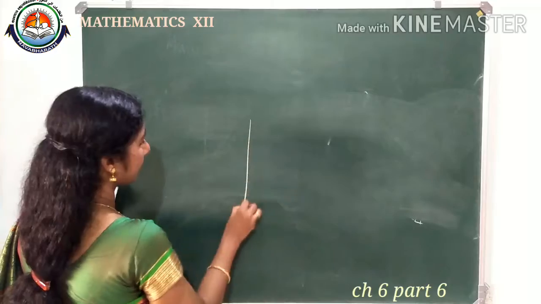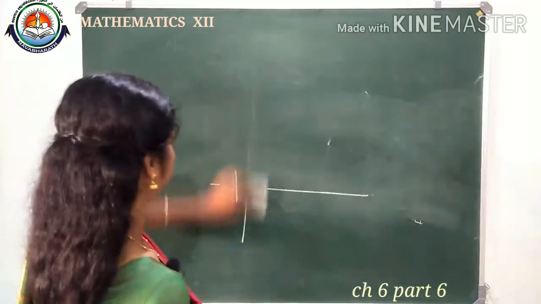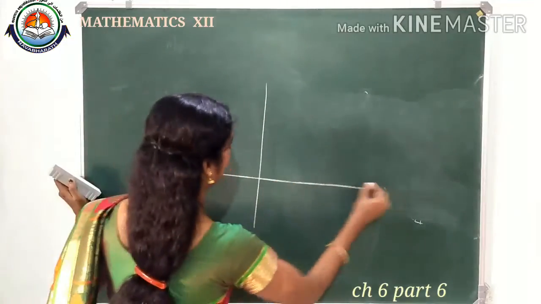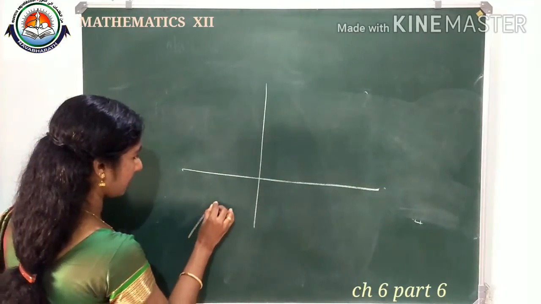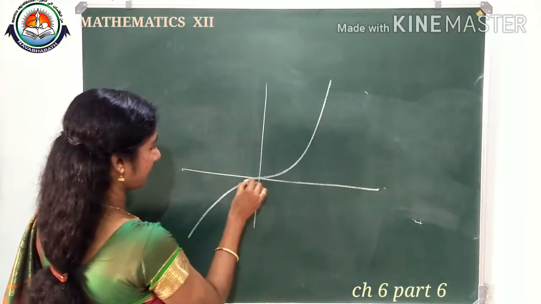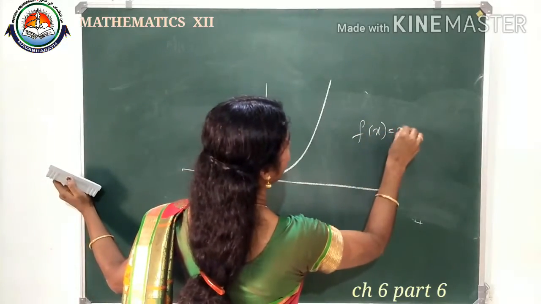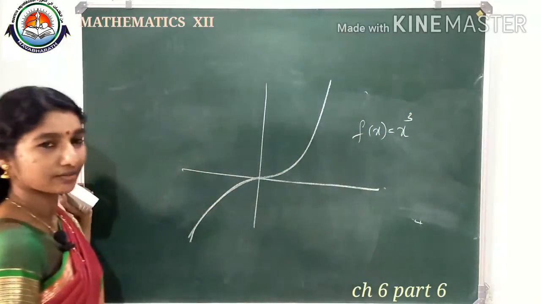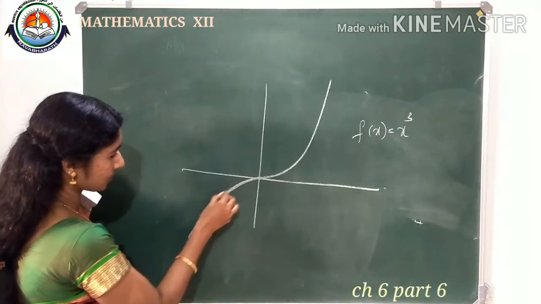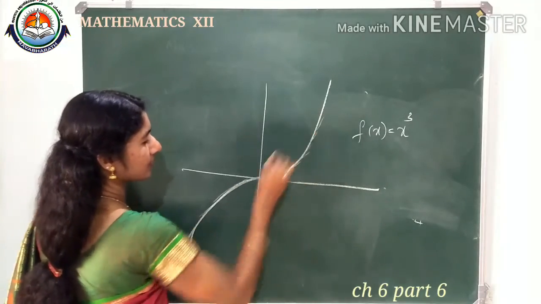We are getting one graph like this. This is actually the graph of f of x equal to x cube. Here all these tangents are positive, positive, positive, and here also positive, positive, positive.